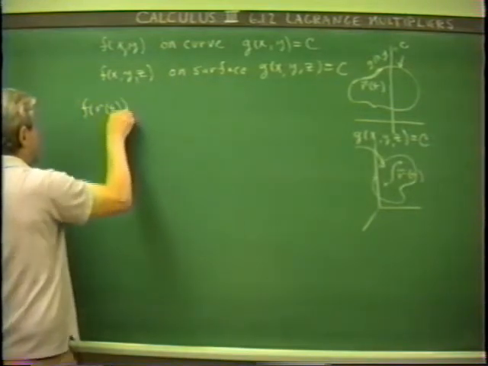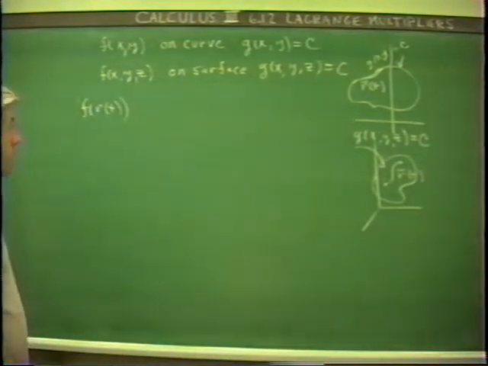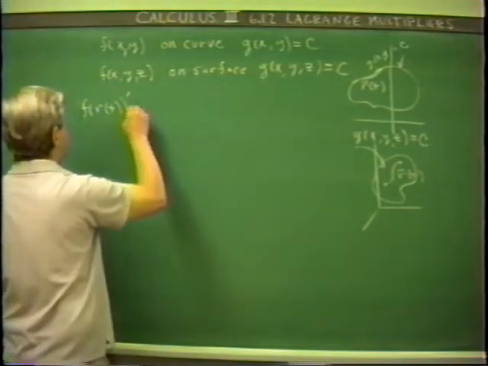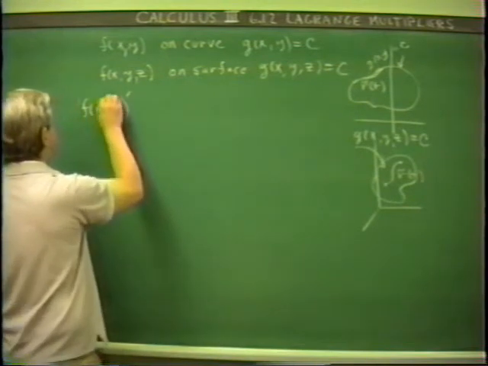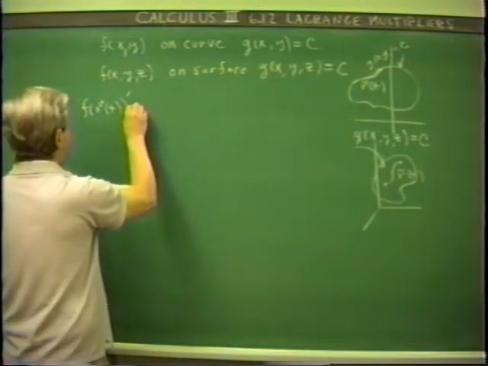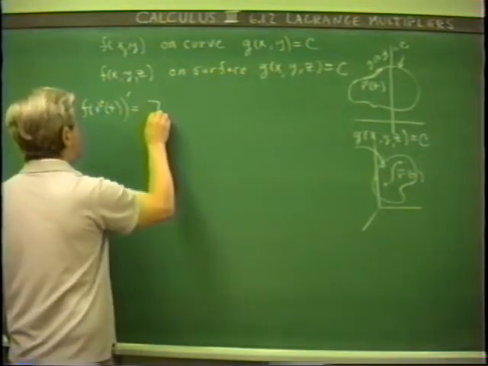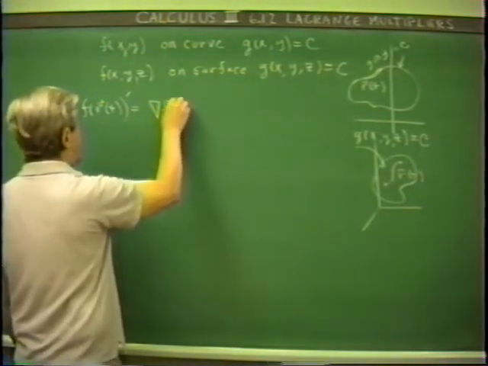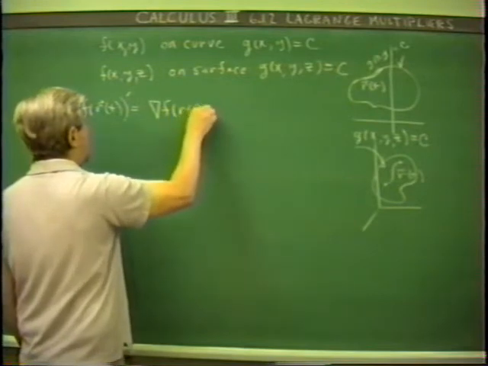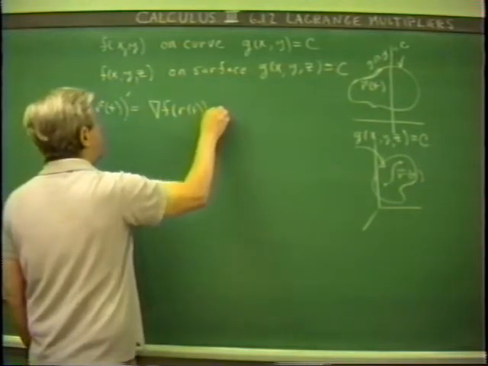And notice the following here, that if we look at f of r of t, we can differentiate this. This is a function of t, and we can differentiate it as follows.